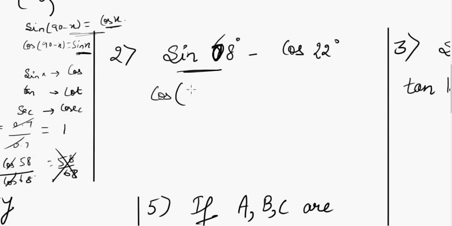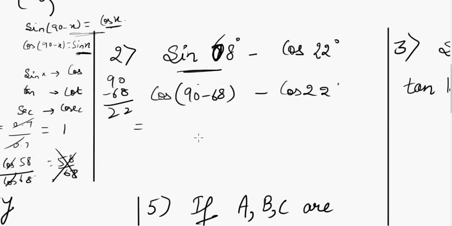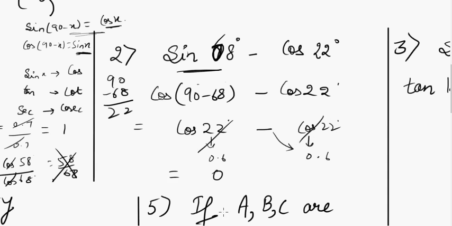Since sine of x is cos 90 minus x, 90 minus 68 will be 22. So we are left with cos 22 minus cos 22. They will bear the same value, say 0.6, assuming it, and here also it will be 0.6. The only difference will be their sign, that is, the first one will be positive and the second will be negative. So they will cancel and the result will be 0.